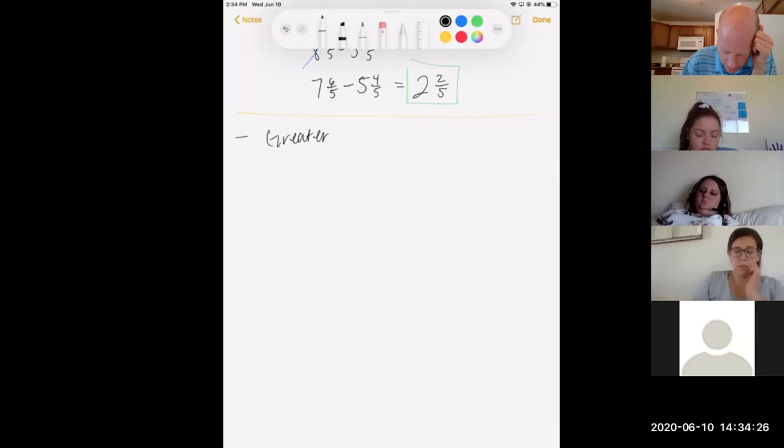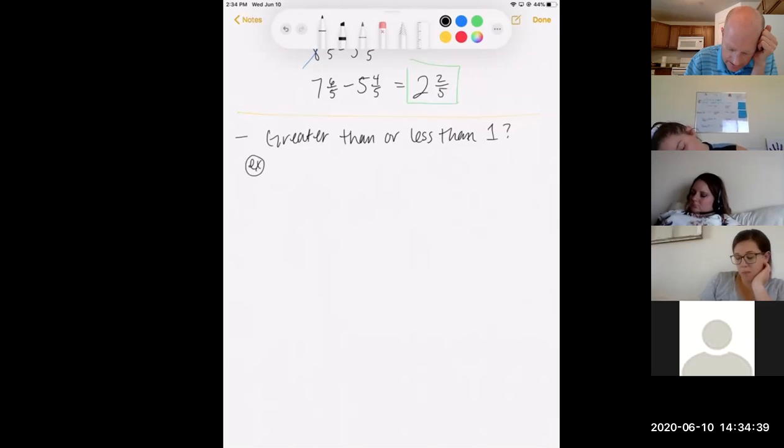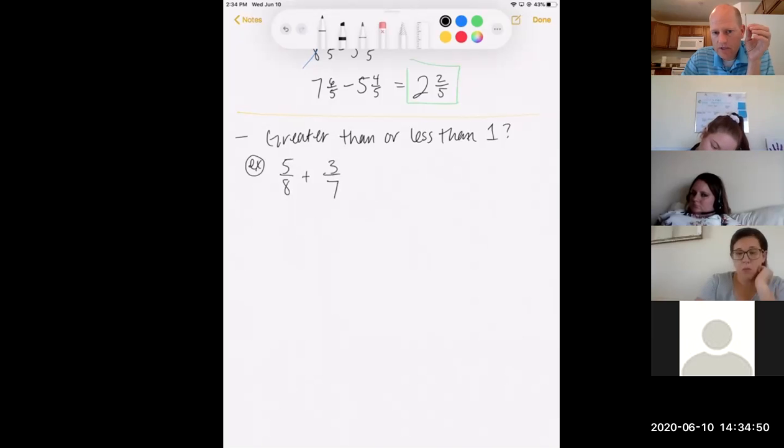So this is called greater than or less than 1. Our first example is 5/8 plus 3/7. Without adding them together using the algorithm, will this sum be greater than or less than 1, and why?